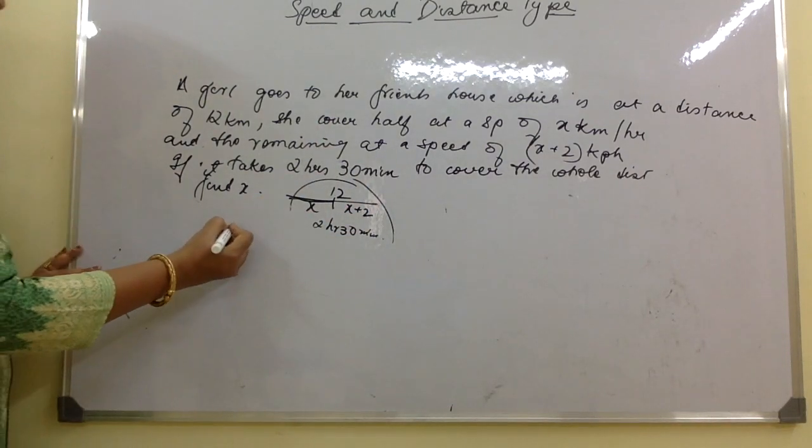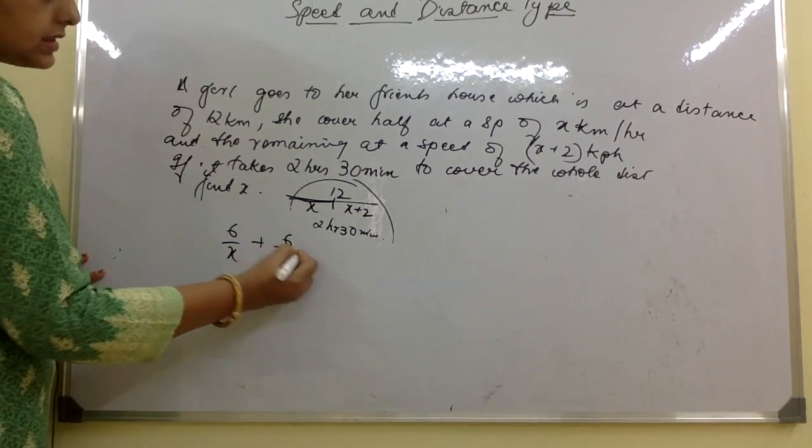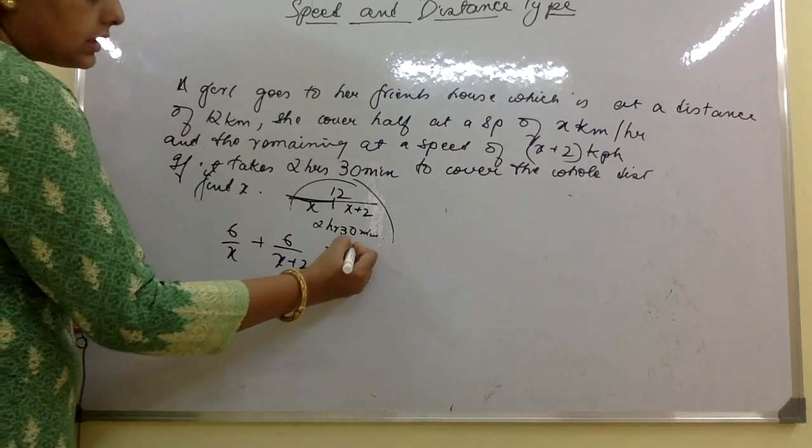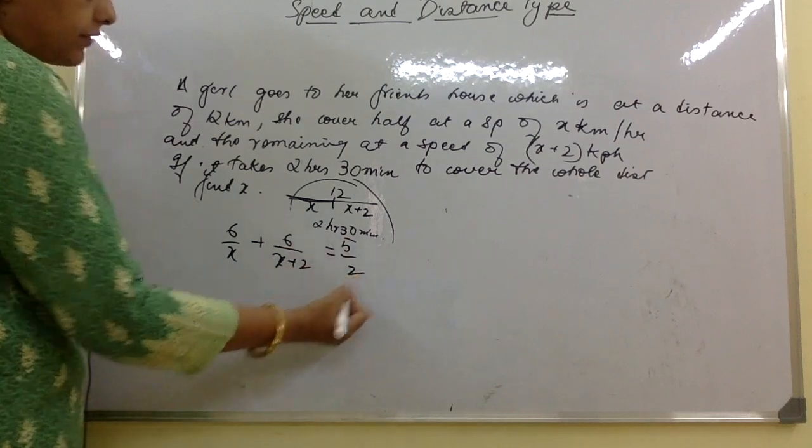So I will take 6 by x, because half of the distance, plus 6 by x plus 2, that is equal to 2 hours 30 minutes, which means 2.5 hours, which is 5 by 2. So I'll convert everything to hours.